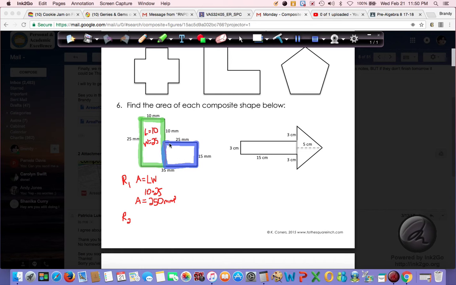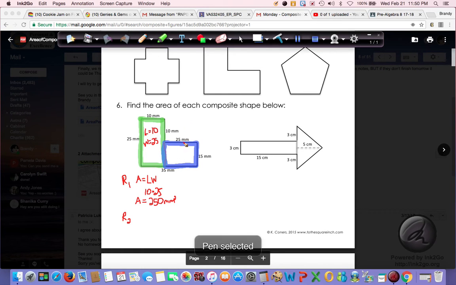So let's go ahead and write this inside the box, and you can write it inside your picture, that's fine. So my length, we're going to make that 25, and my width is going to be 15. It doesn't matter what you make length and width because you got to multiply both of them anyway. So we have rectangle number 2, area equals length times width, which is going to be 25 times 15.